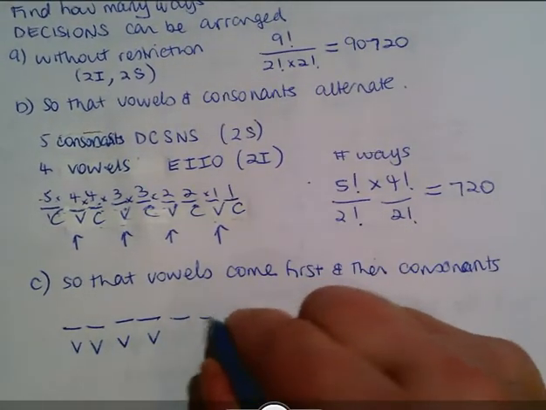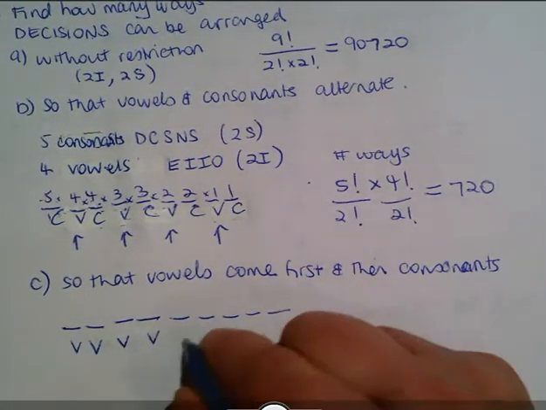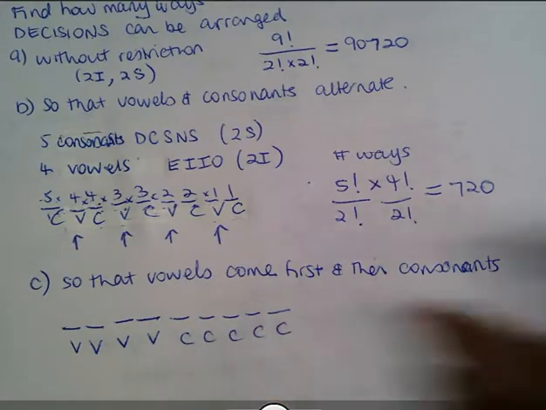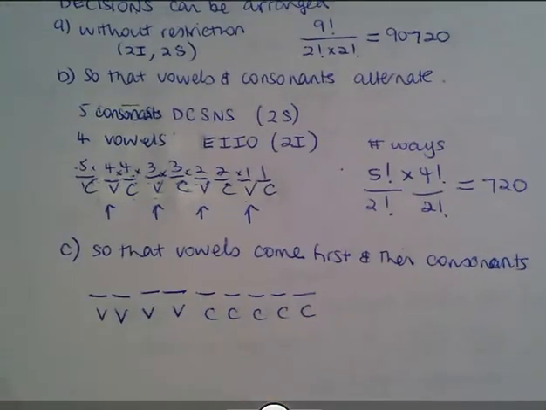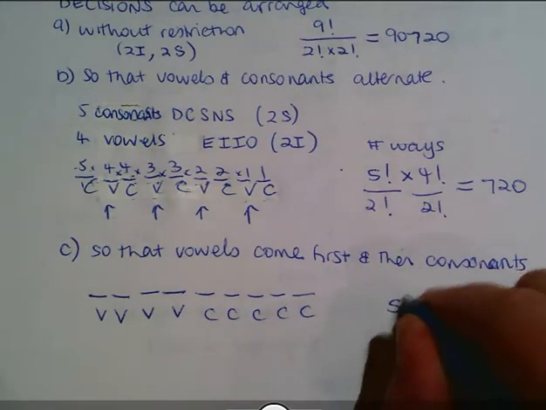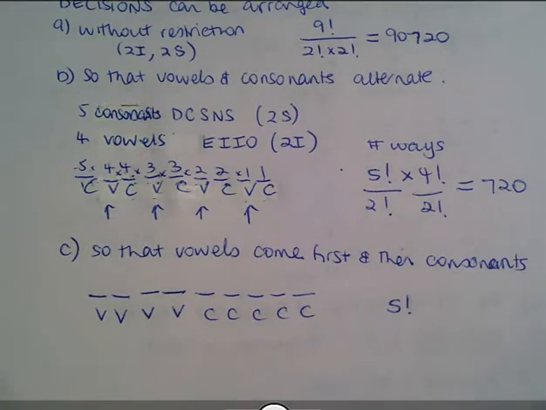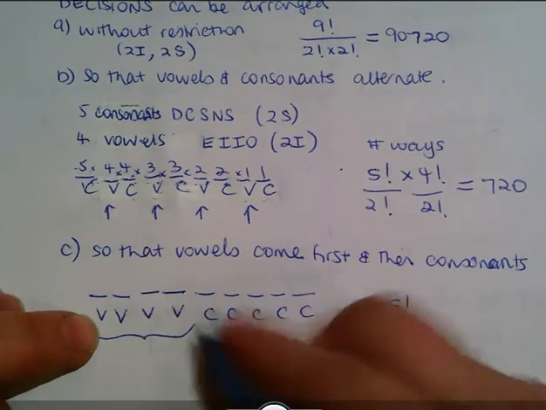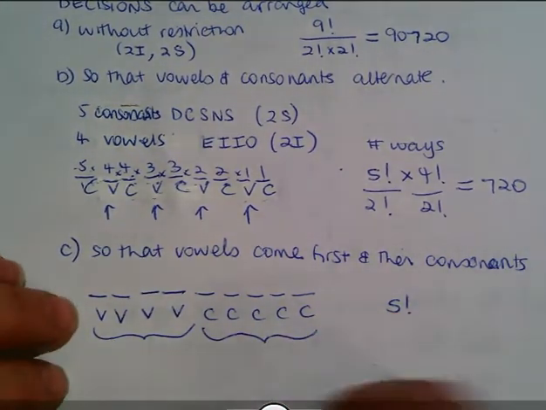Now in the next one, we want the vowels to come first. So there's 4 of those, and then the 5 consonants. Well, it's just like ordering V, V, V, V, C, C, C, C, C. So that's just going to be 5 factorial. Now these must stay in that position.